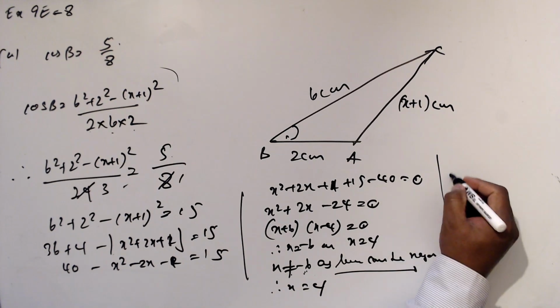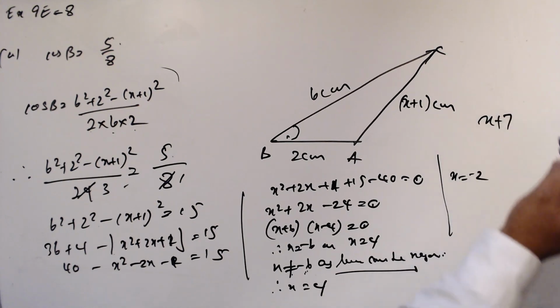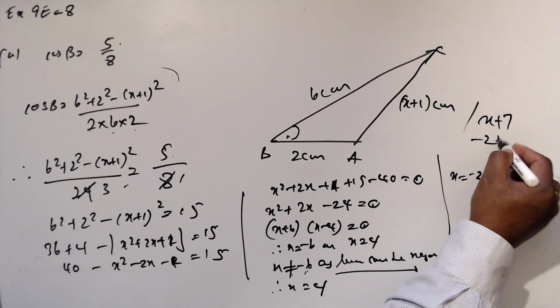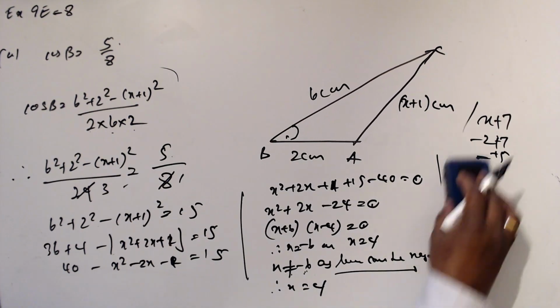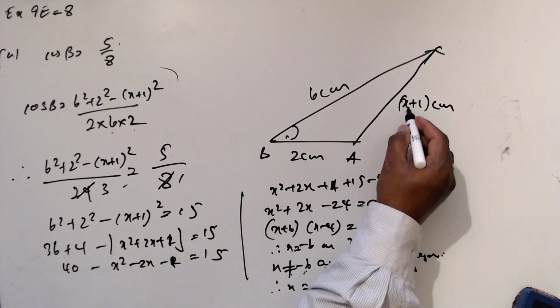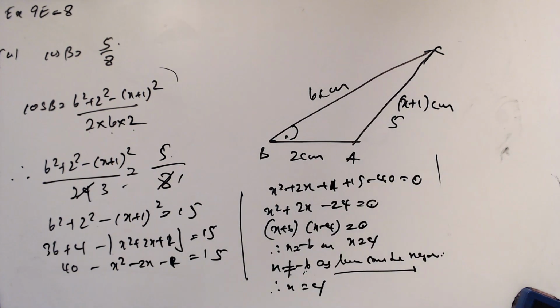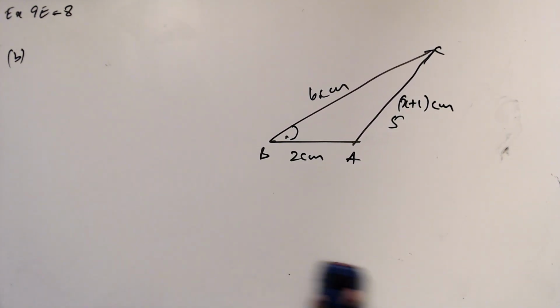Assume in the calculation you get x equals minus 2, but x plus 7, then this is minus 2 plus 7, which becomes plus 5. It is possible. So this is 2, this is 4 plus 5 and 6.